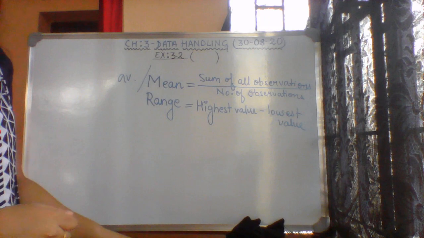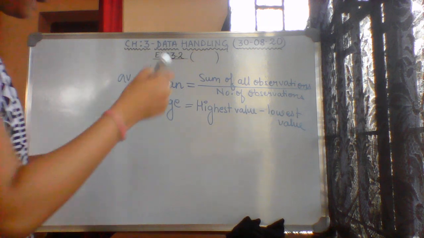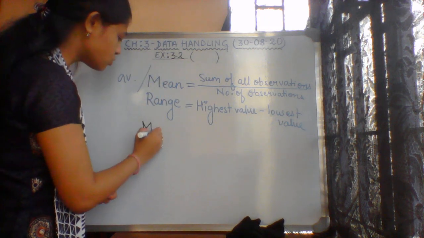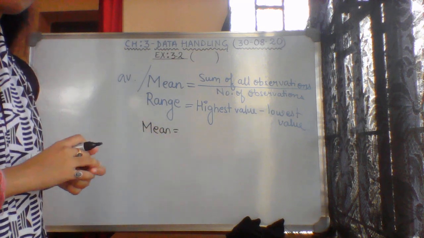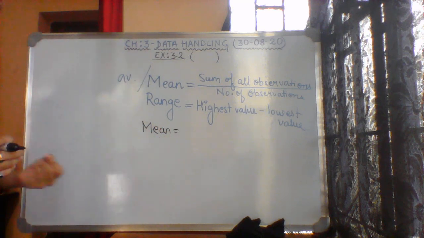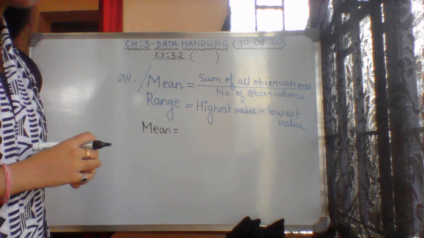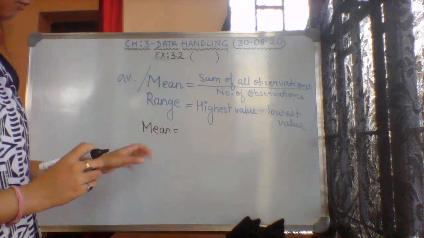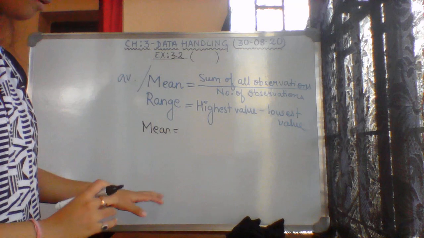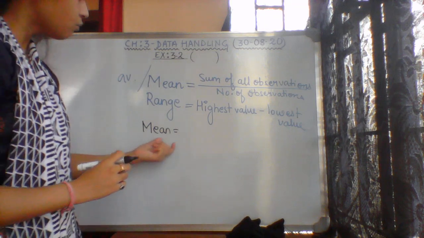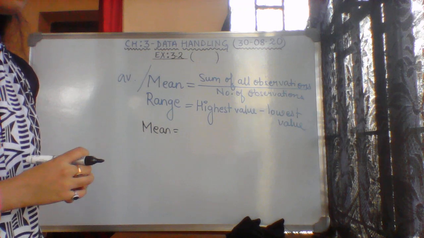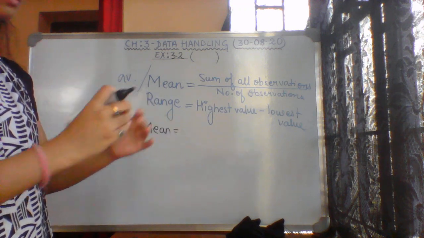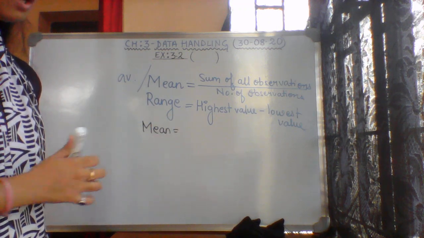Now in exercise 3.2, what are we going to learn? Can you guess? Okay, before that, tell me, as you have done many sums and questions over mean, open your copy and compare the different solutions you have solved.